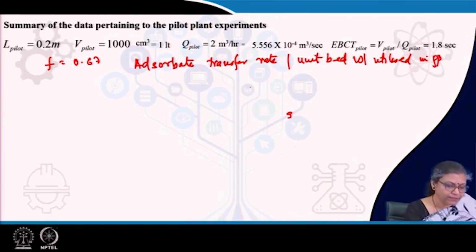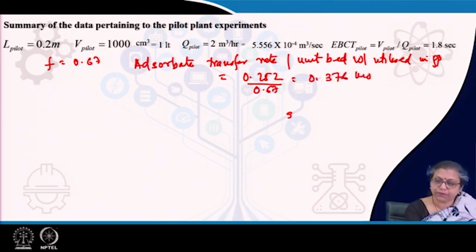You can definitely find this out. This is nothing but equal to the thing which you had found out, which gives you 0.376 moles per hour per liter of bed volume, right.